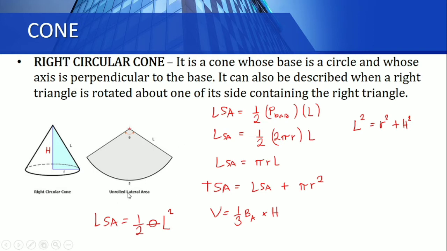So unrolled lateral area, pwede rin natin makuha yung lateral surface area kapag given yung angle. That will be 1/2 times theta times yung slant height L squared. Yung theta natin dito is naka-radians. So review lang natin yung last na topic natin sa area ng sector at area ng segment. So pwede nating makompute yung lateral surface area kapag given yung angle.